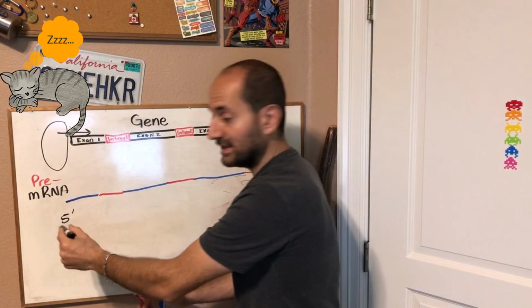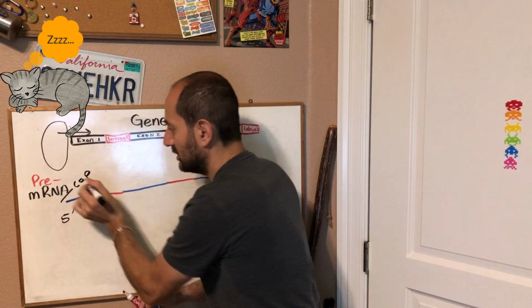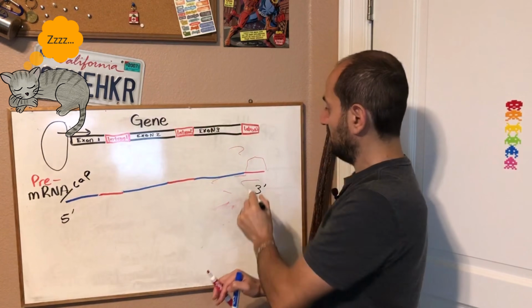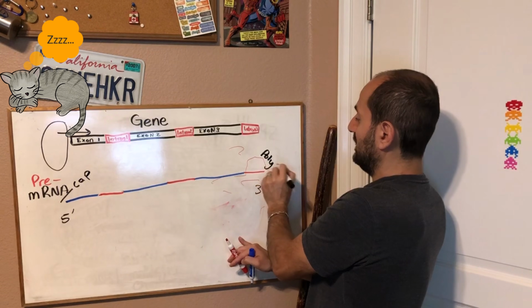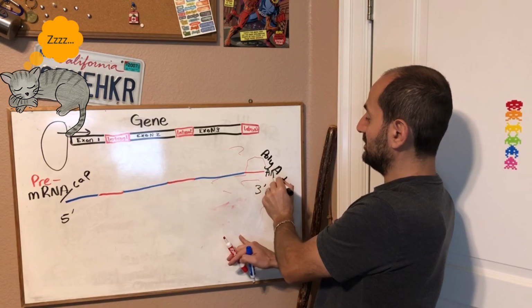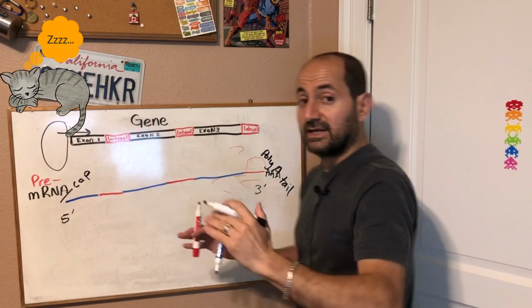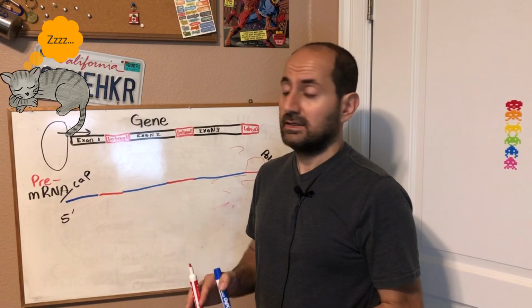The 5' end gets a cap, right? A 5' cap. The 3' end gets a poly A tail, right? You get a bunch of A's added on. Remember that? And now for the third and final modification on your pre-mRNA.